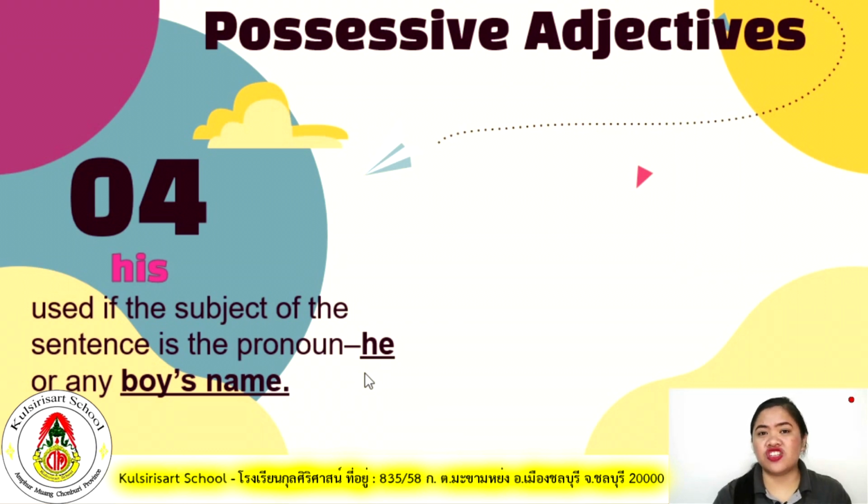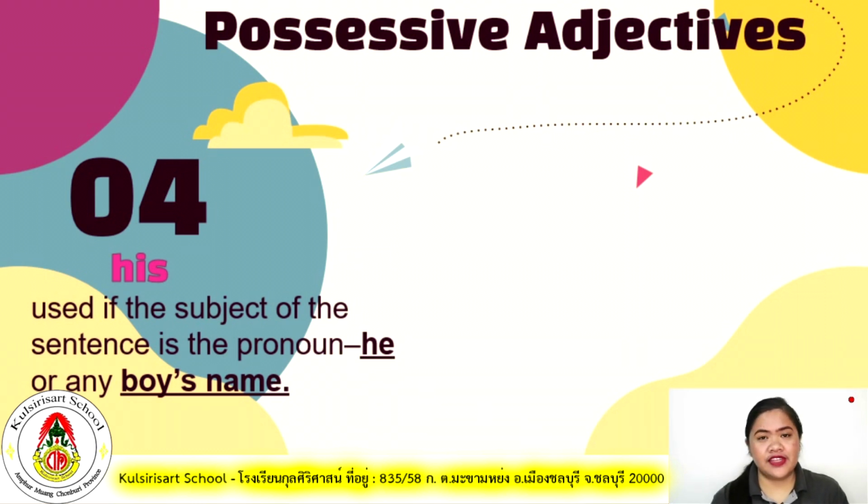It talks about she when the subject is a girl. But this time, his is used if the subject is he or a boy's name. Again, let's read. Used if the subject of the sentence is the pronoun he or a boy's name.